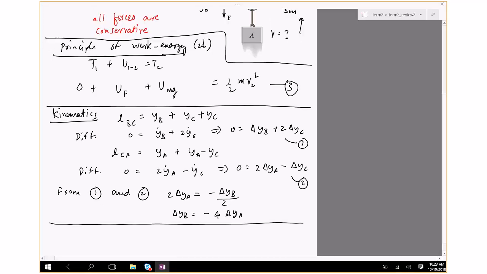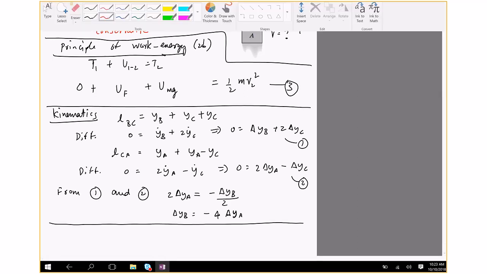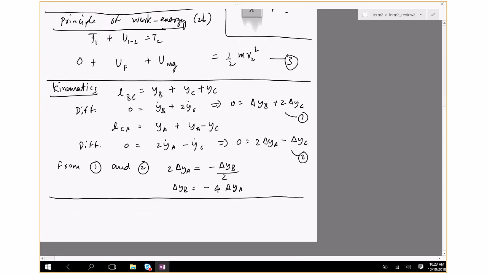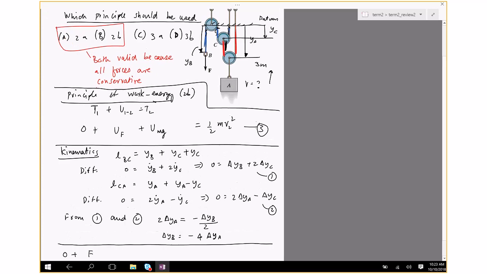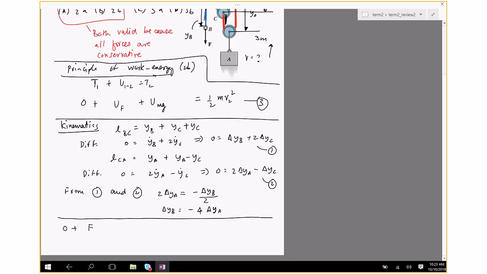Let's now try to find UF and UMG, and you'll see that UF and UMG actually depend on delta ya and delta yb. So 0 plus UF is, okay, my convention is F is downwards, and downwards is positive, so I would write that as F times delta YB plus mg, as mg is downwards and delta ya is downwards.